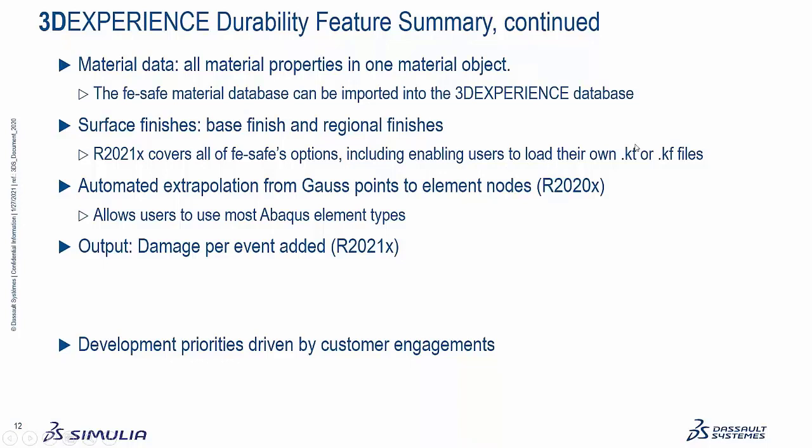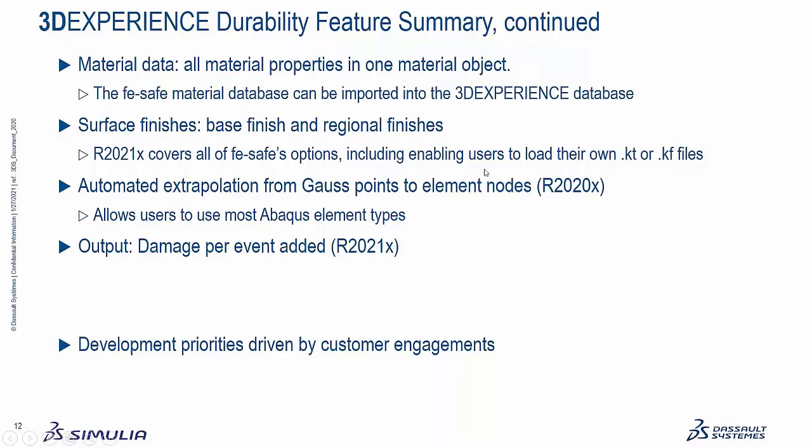You'll see we actually expanded FE-Safe to allow you to define KT files as well as KF files. In a lot of the handbooks and so forth, some of them give you graphs in terms of KT values and some of them give you graphs in terms of KF values. We decided to go ahead and support the KF ones more directly. You can sometimes get better extrapolations off the ends using KF files.